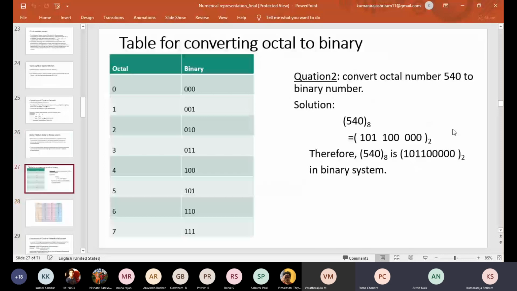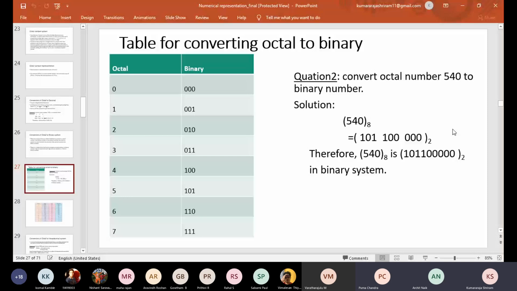Here is the table for converting octal to binary. For 0 in octal, we get binary 000. For 1 in octal, you get binary 001, like that for 0 to 7, and we get the corresponding binary values. In this question, we will see the simple technique of converting the octal number 540 to a binary number. 540 base 8 is 5, 4 and 0.